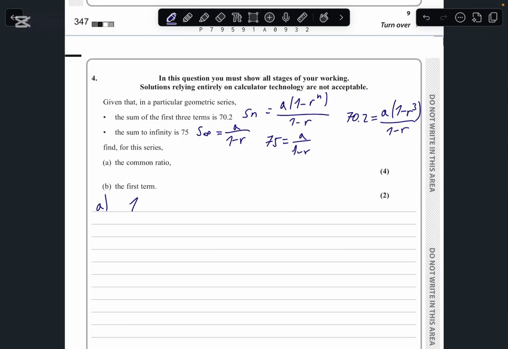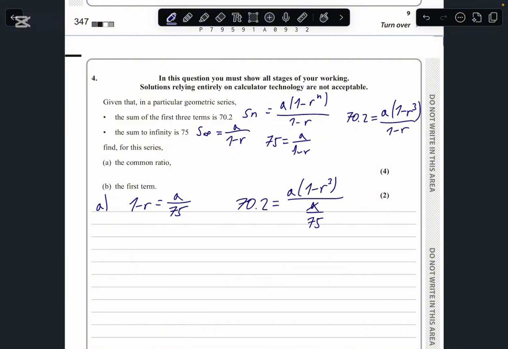And that will leave us with 1 minus r is equal to a over 75. Now that we found that, we can put this instead of 1 minus r here in this equation. So that will be 70.2 is equal to a times 1 minus r cubed over, instead of 1 minus r, we'll put a over 75.